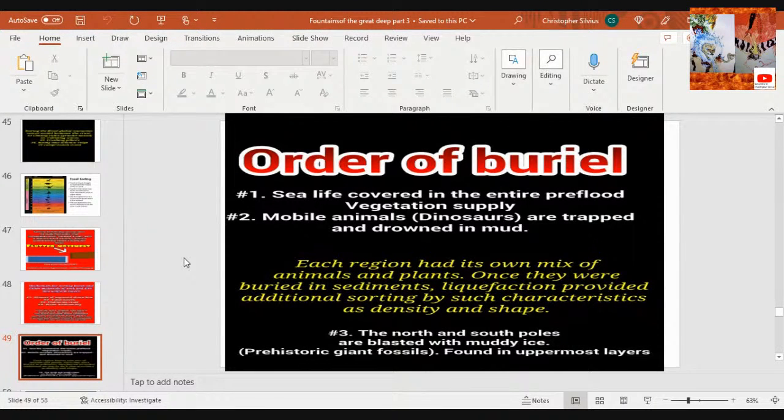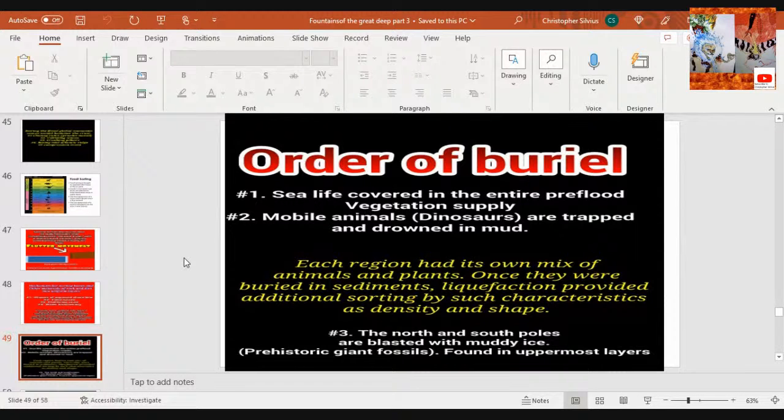It's bringing all of that dirt and rock down into the low basins, and it's covering the earth in this sediment, establishing it into layers progressively. And it starts at the lowest places. So that would be where the sea life is. That's why we find the fossils in the order that they are in.